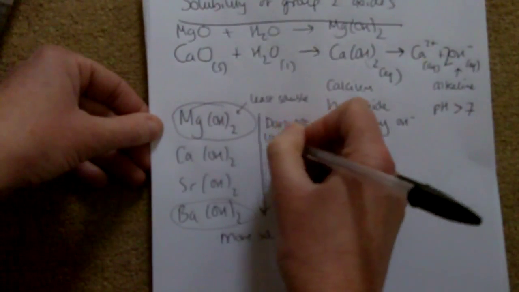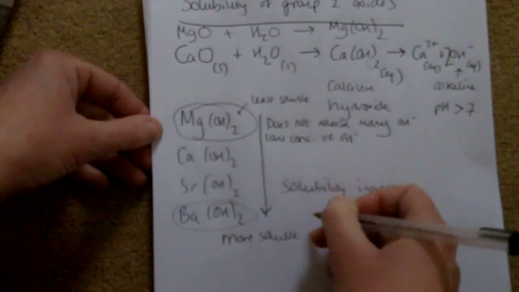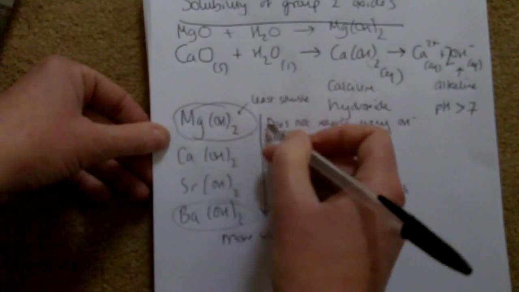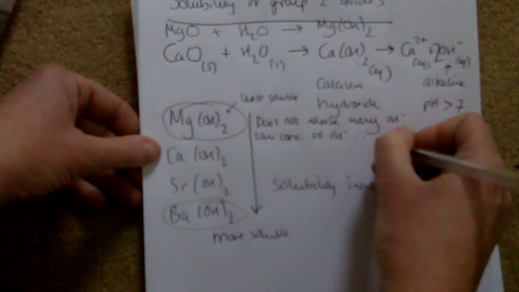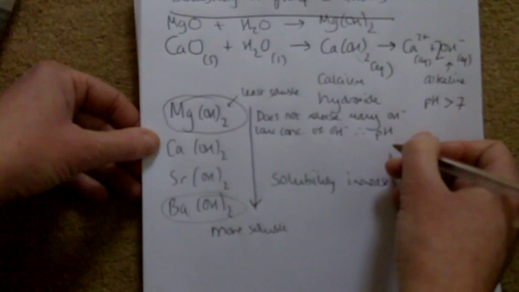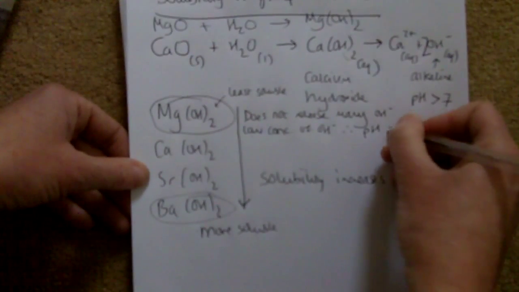It means it's got a low concentration of hydroxide ions, because it's not very soluble. So therefore the pH will be quite low. It's still an alkali, but it'll be lower, so it'll be about 10.